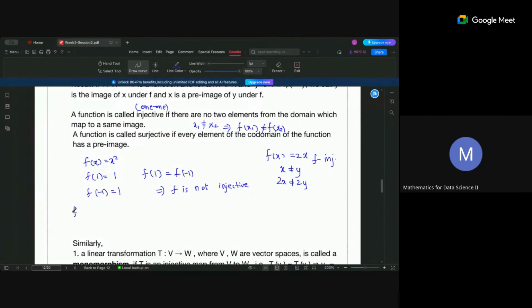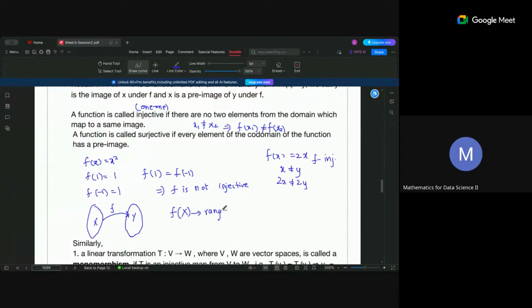So you have f from domain X to codomain Y. Now what are all the images of X?